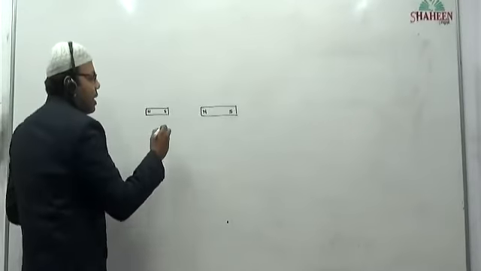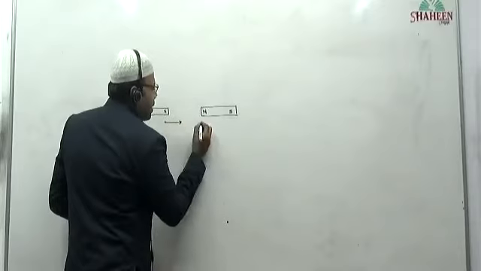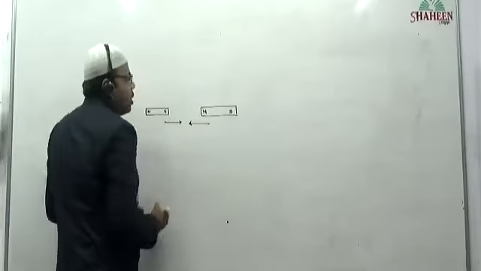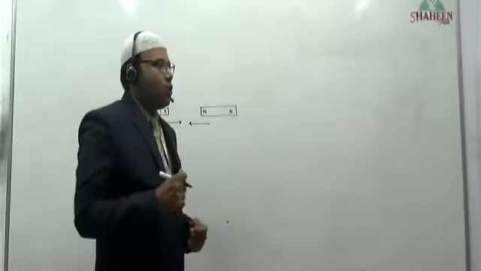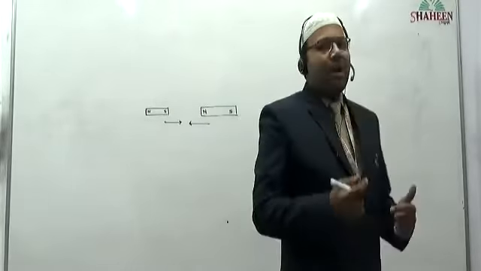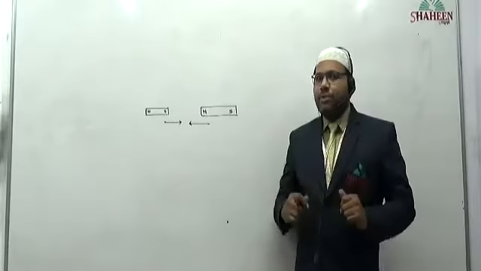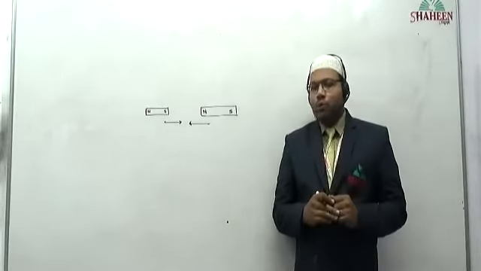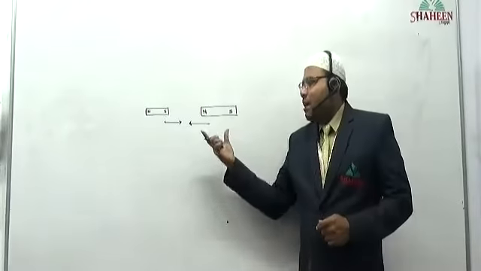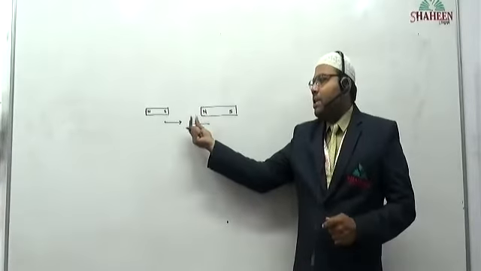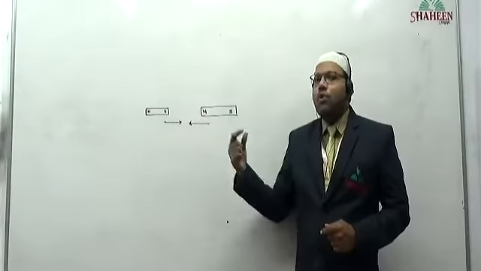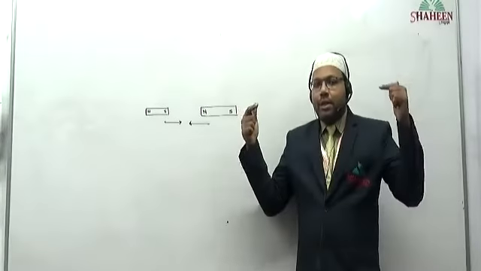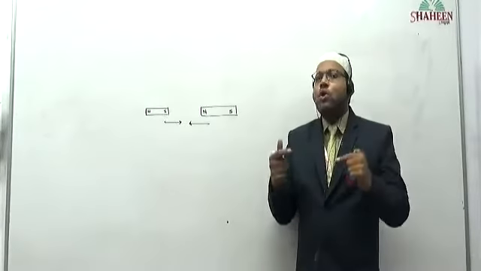This will come this way, beta, and this will come this way. So my question to you is, are we applying any force to move these magnets? No, we are not applying any force. By themselves they are getting attracted, so they are getting attracted by their mutual force.